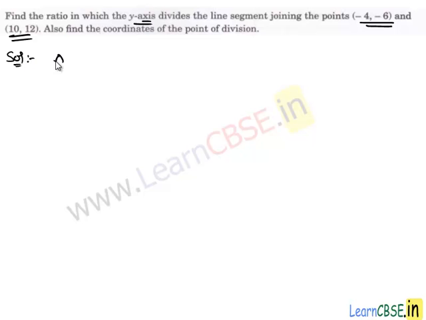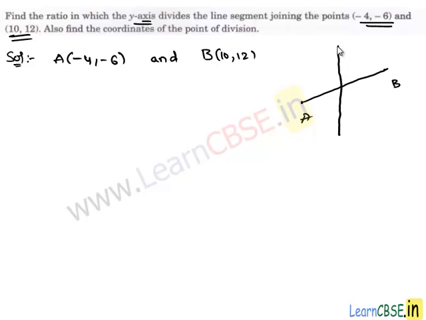Here we denote the given points A (-4, -6) and B (10, 12). So here we have points A and B. According to the question, we have to find out the ratio in which the y-axis divides the join of AB.